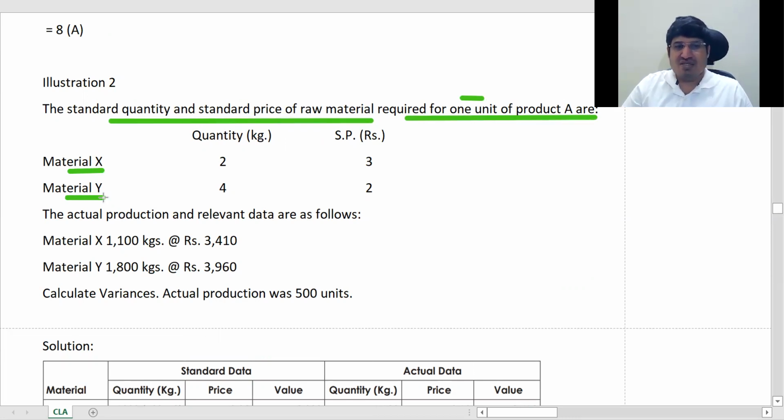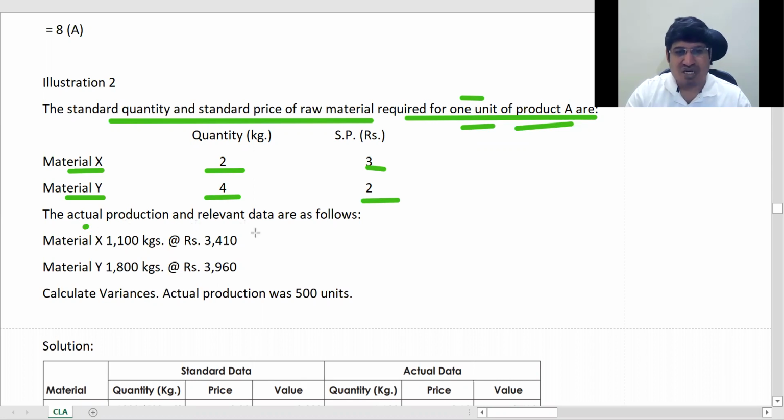You put material X 2 kg and material Y 4 kg, and then after processing you get 1 unit of your final product. The rate of material X is 3 rupees per kg, and the rate of material Y is 2 rupees per kg.